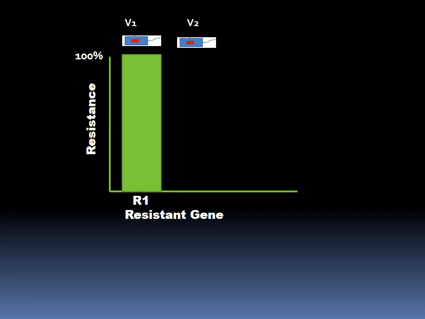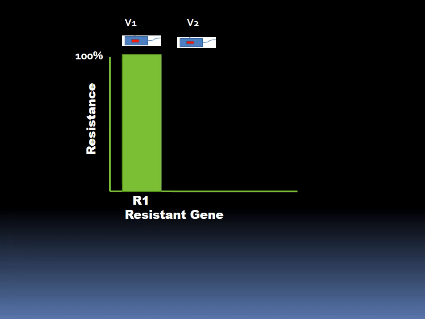In the previous slide, we saw how the R1 gene detects the V1 gene present in the phytopathogenic bacteria, and due to this detection, the plant becomes resistant. But this resistance is not permanent, and sooner or later, some kind of mutation occurs in the V1 gene, and it changes its shape into a V2 gene.